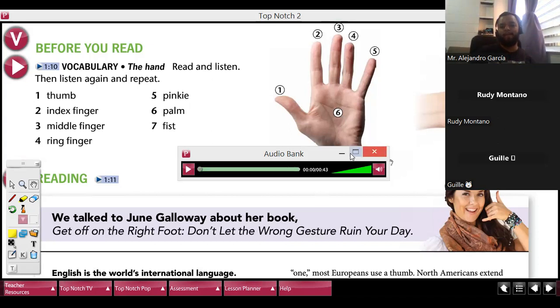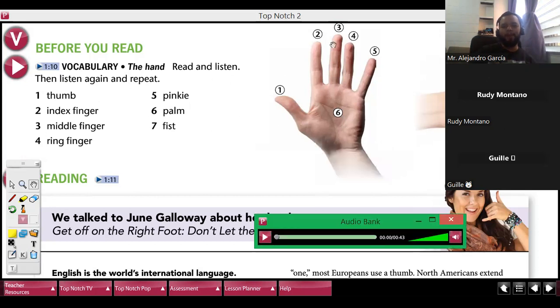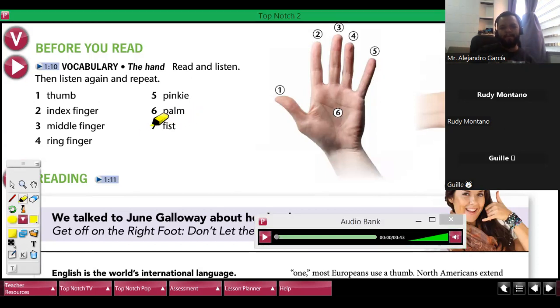Okay, we have some vocabulary, but we see 1, 2, 3, 4, 5, 6. But we have a 7th word that is fist. Okay, what do we have in number 1? Thumb.